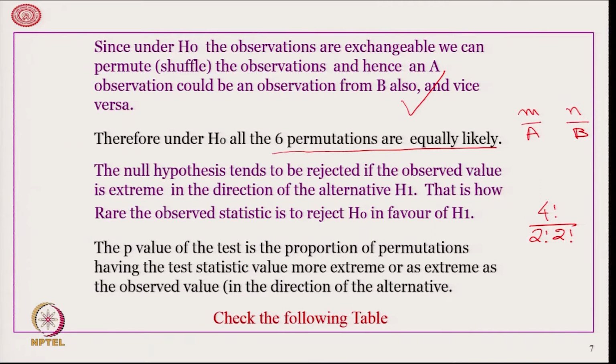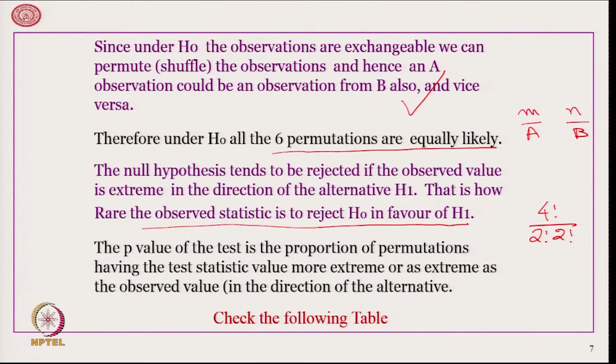The null hypothesis tends to be rejected if the observed value is extreme in the direction of the alternative H1. That means we shall check if the difference mu A minus mu B is too small, that is, its absolute value is very large in the negative direction, and if that happens, then we will check how rare the observed statistic is to reject H naught in favor of H1. That is the normal thing we do.